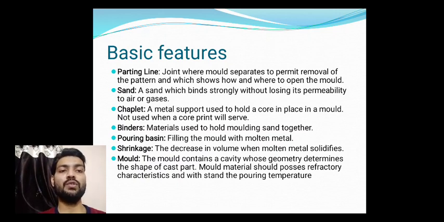Binders, material used to hold molding sand together. Pouring basin, for filling the mold with molten metal. Shrinkage, the decrease in volume when molten metal solidifies. Mold, the mold contains a cavity whose geometry determines the shape of the cast part. Mold material should possess refractory characteristics and withstand the pouring temperature.